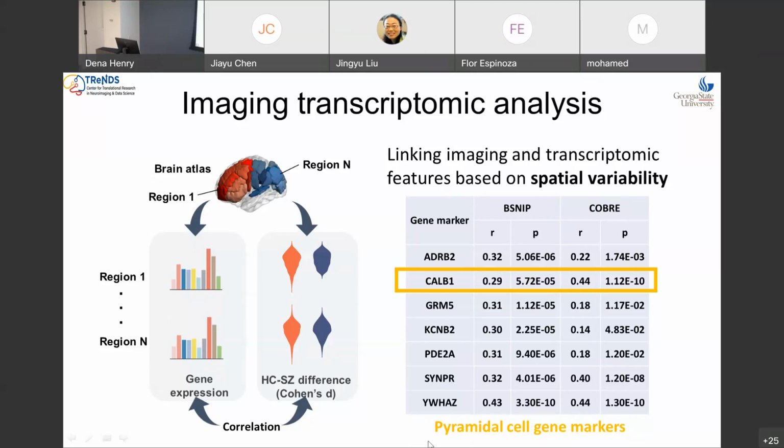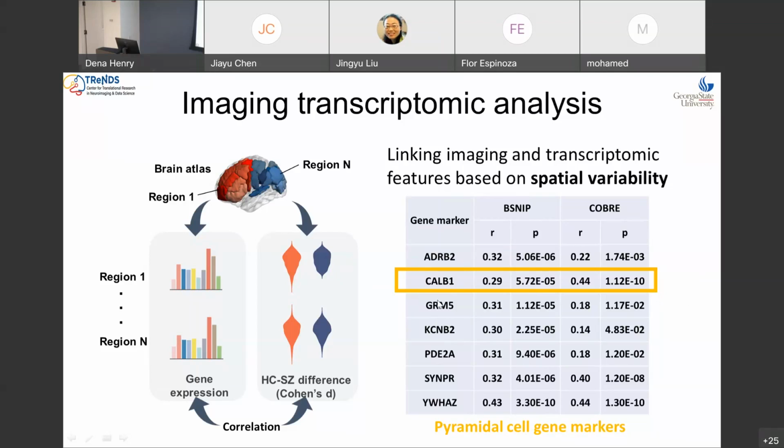We also tried this on our own data set, and this table summarizes some preliminary results. As you can see here, we identified a couple of genes whose expressions are strongly correlated with the patterns of case control difference of gray matter features in both BSNIP and COBRE data.